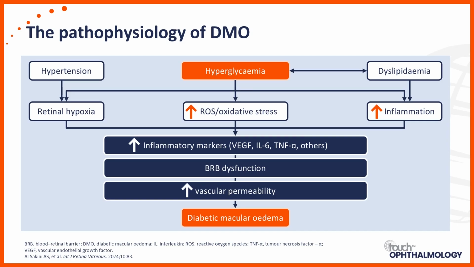In addition to hyperglycemia, hypertension and hyperlipidemia lead to the breakdown of the blood-retinal barrier and an increase of permeability of retinal capillaries, which then leads to the formation of macular edema. So there is an increase in the fluid in the retina parenchyma and a decrease in the efflux of the fluid from the retina.